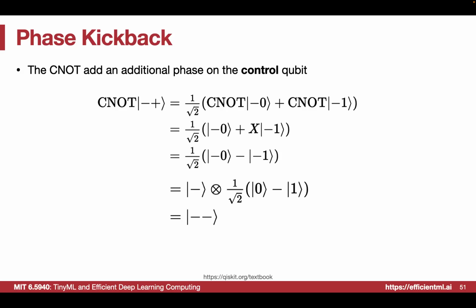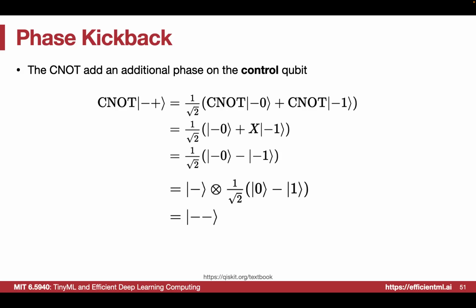But here, if we do the CX on the minus and plus state, the final result will be minus and minus. That means if we apply the CX, the target is not changed, but the original control qubit is changed, from plus to minus, right? That's called the kickback of the phase from the target to the control qubit, right?